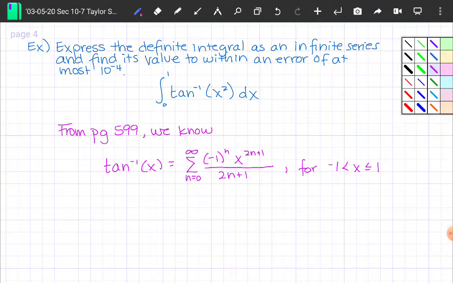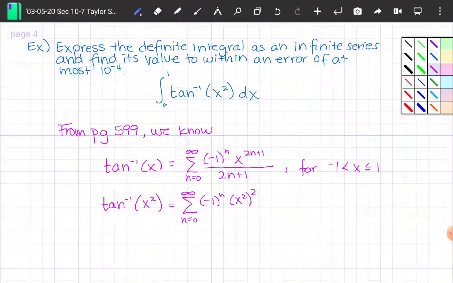Now I'm dealing with the tan inverse of x squared, so if I let all the x's equal x squared, I get that the tan inverse of x squared is equal to the summation as n goes from 0 to infinity of -1 to the nth, and then x squared to the 2n plus 1 over 2n plus 1, and this is true for the values -1 less than x squared less than or equal to 1.